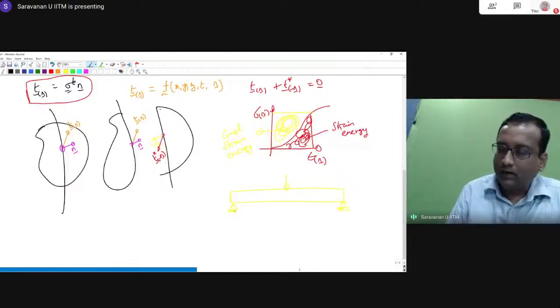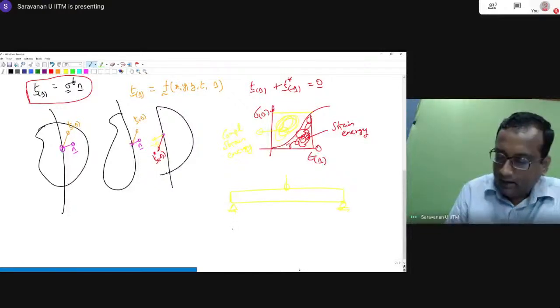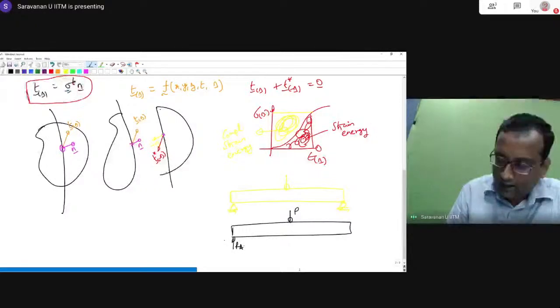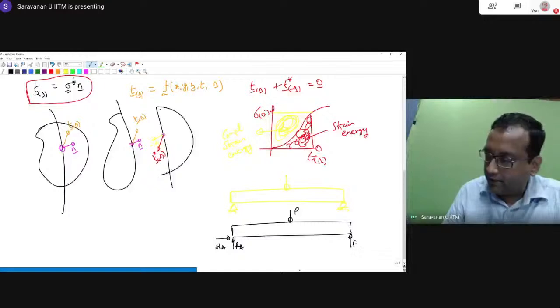What I do is remove the support and then model the beam, drawing the free body diagram of the beam. Only then do I have this load P, this reaction force RA, HA, and this RB.